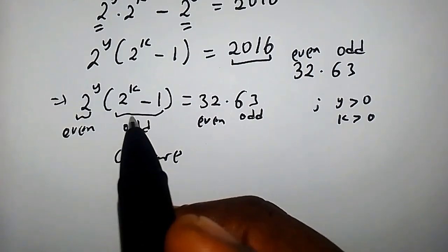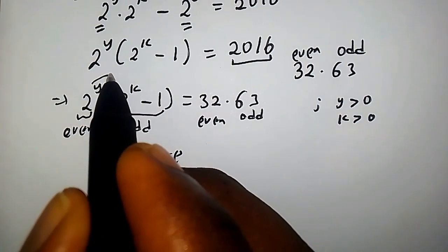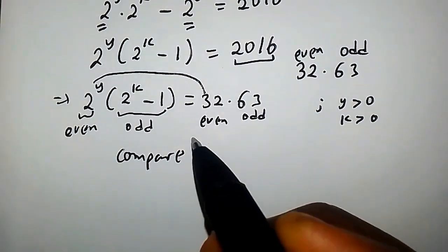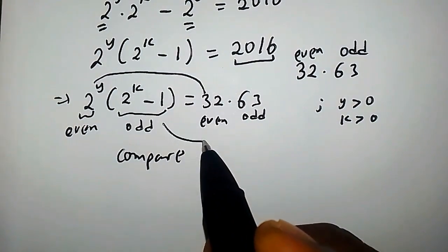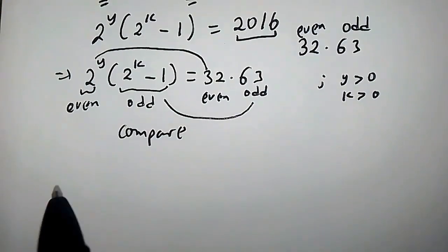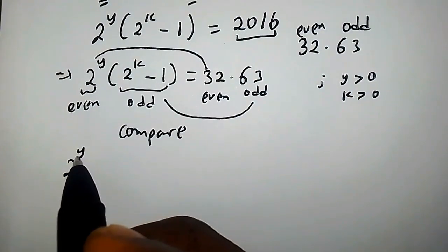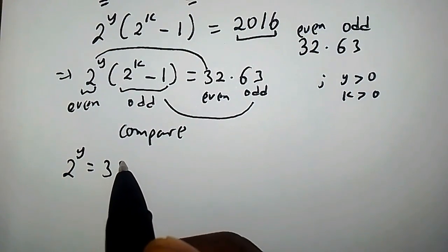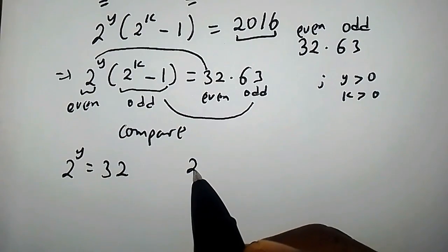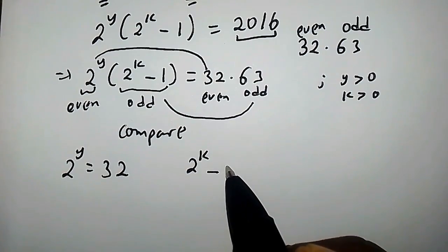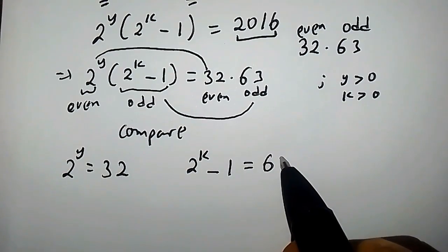If we compare, even has to be equal to even, while the odd part has to be equal to the odd part. 2 raised to y is equal to 32 and 2 raised to k minus 1 is equal to 63.